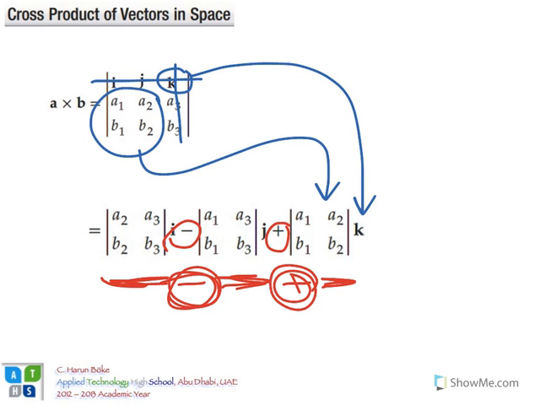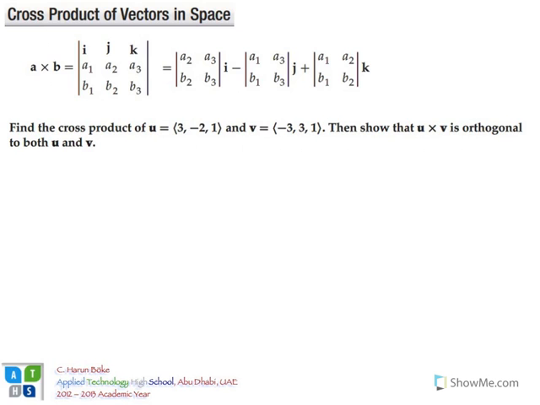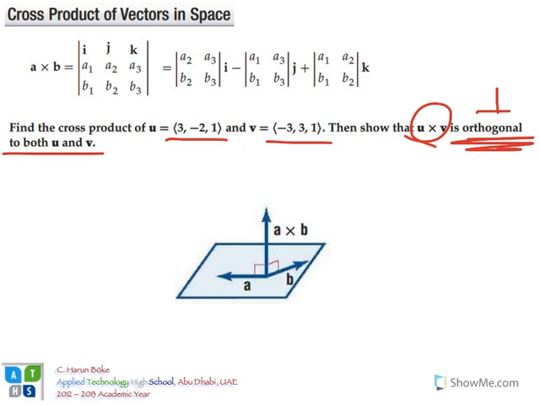Let's see an example. Find the cross product of U and V given, like here, then show that U cross V is orthogonal, meaning perpendicular, to both U and V. Now remember, we know that A cross B is orthogonal to both A and B, but we have to show it.